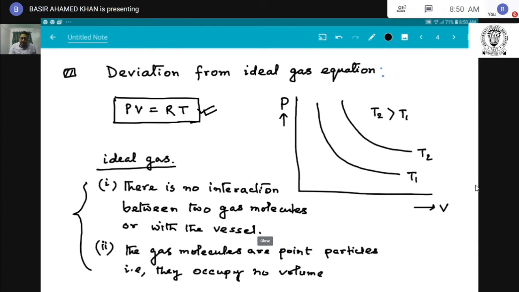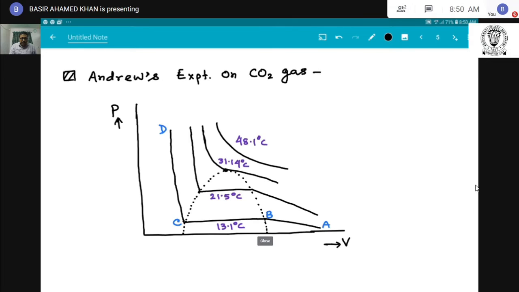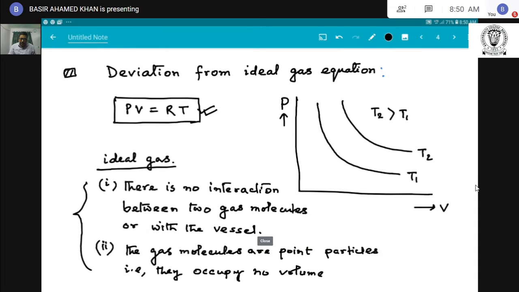Now the second point is Andrews experiment on CO2 gas. That means Andrews experiment on real gas. Here we plot PV diagram at different temperatures. In my previous figure, suppose this is figure 1.